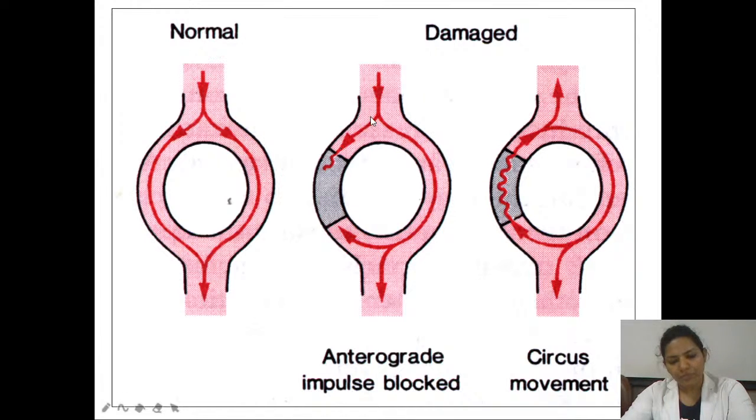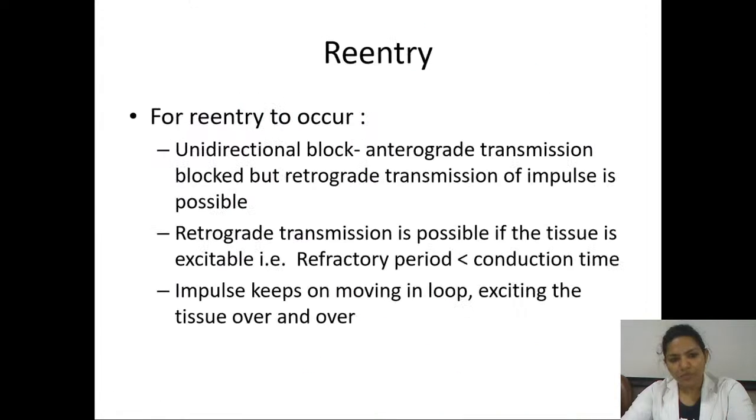The stimulus cannot travel this way, but retrograde transmission is possible. Secondly, retrograde transmission can occur only if the tissue is excitable, that is, the refractory period is less than the conduction time of the stimulus.